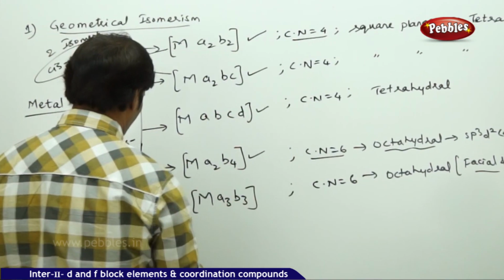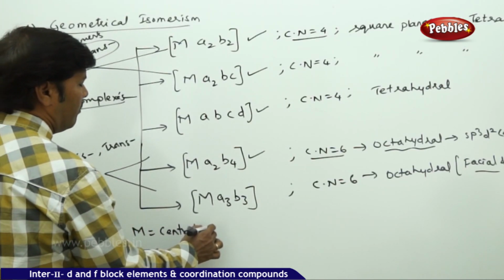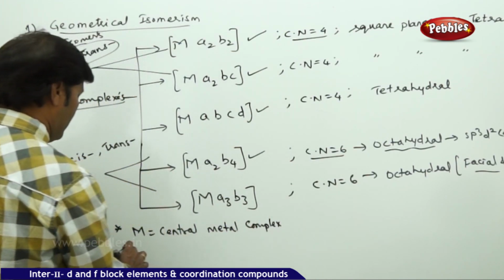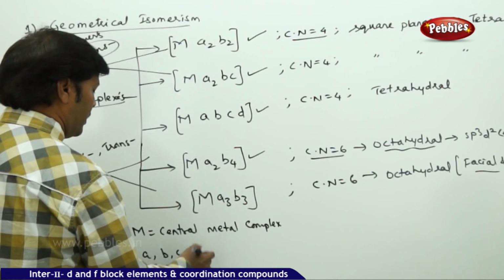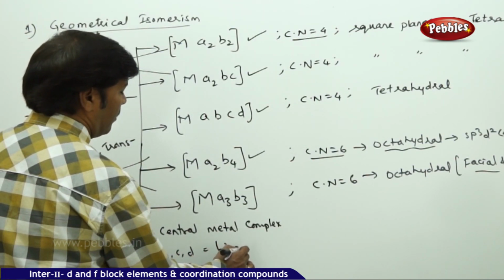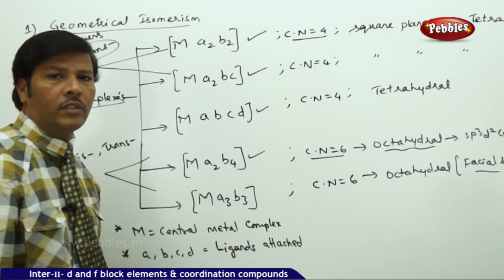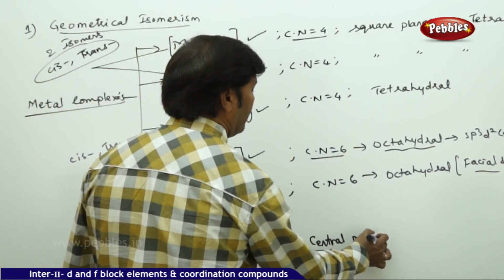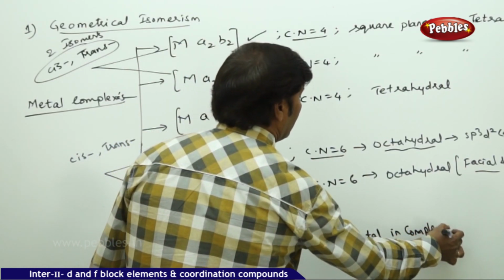Here M stands for the central metal of the complex, and A, B, C, D, sometimes even E, F, are all ligands attached to the central metal in the complexes.